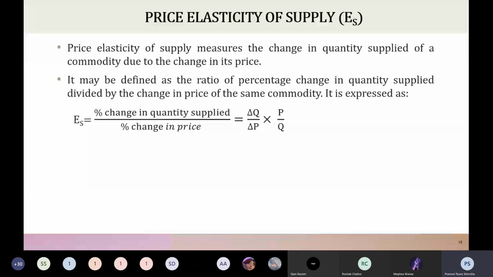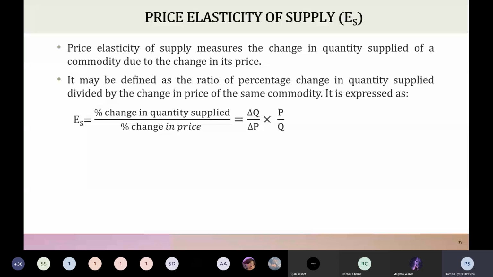In between these two steps you have to add two other steps, as I told you. The next step is change in quantity supplied divided by initial quantity supplied, whole upon change in price upon initial price.